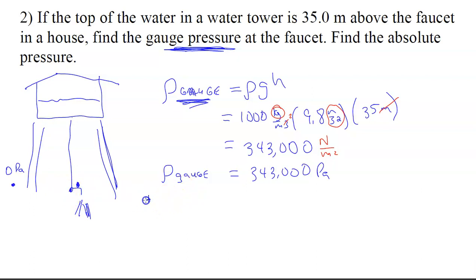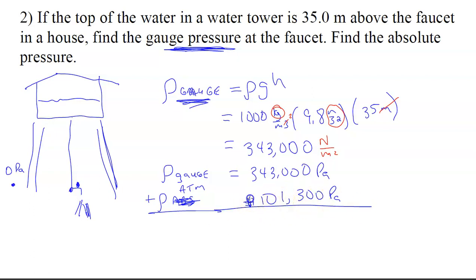But if I want the absolute pressure, then I've got to add atmospheric pressure, which has a value of 101,300 Pascal. So when I add that much, I'm going to get 444,300 Pascal as the absolute pressure.